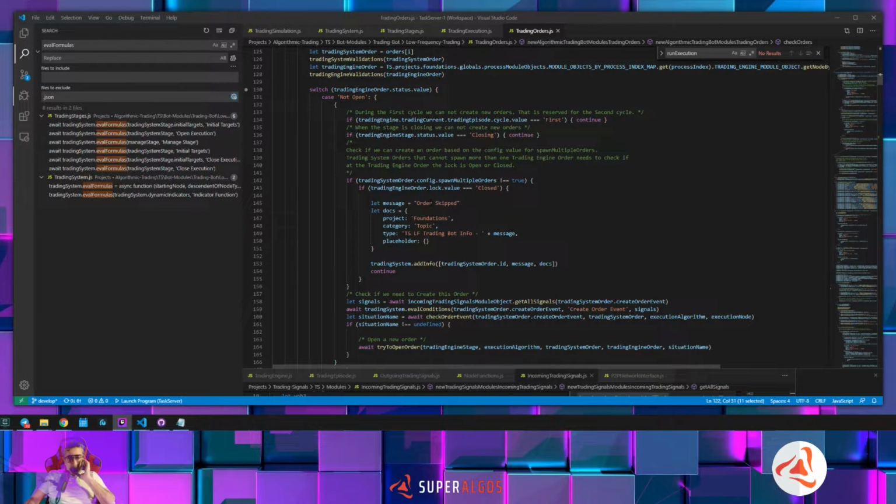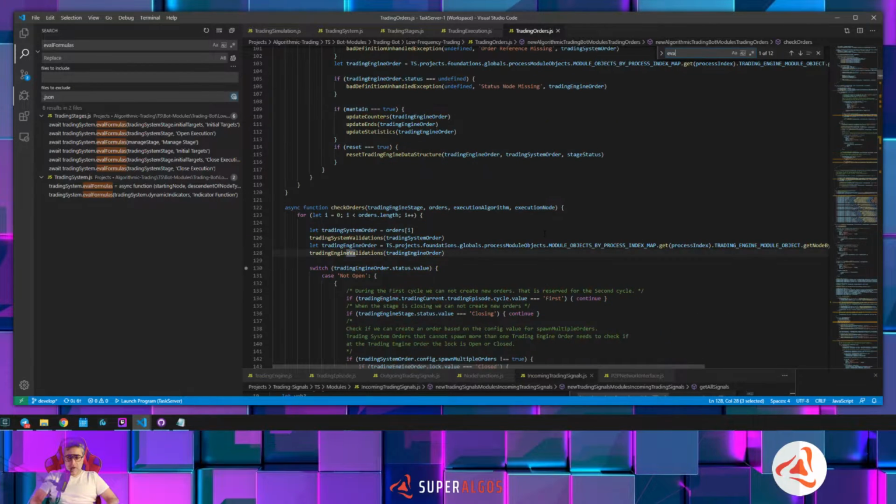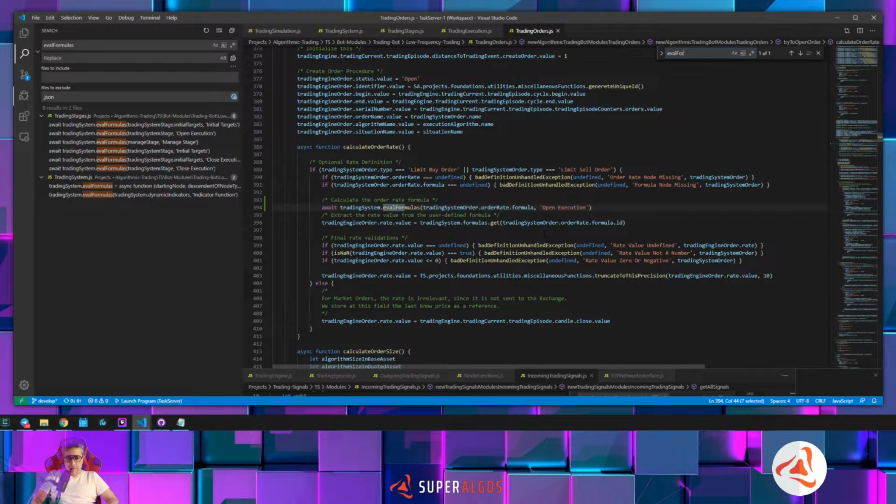Okay, so what we did was to move the trading system Eval formulas to trading orders. Okay, so where did we put this Eval formula?